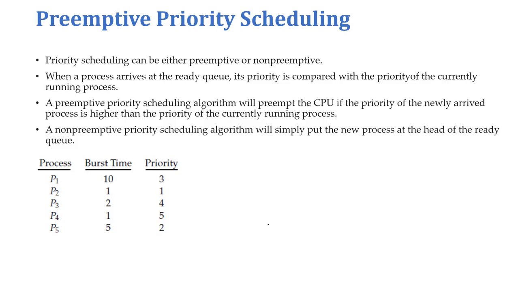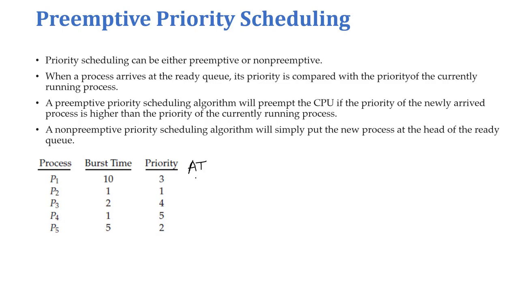Preemptive and non-preemptive work in a similar way as in shortest job first, but in shortest job first we consider the burst time, and here we consider the priority. Fine. We will take the same example, but now I am mentioning the arrival times.